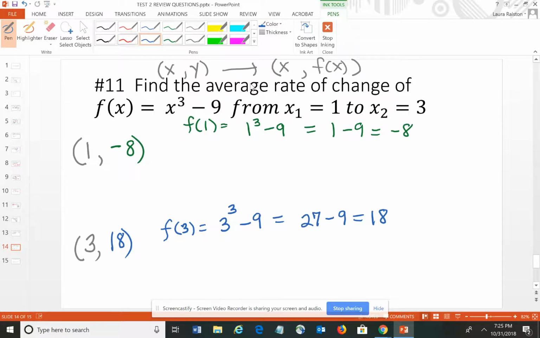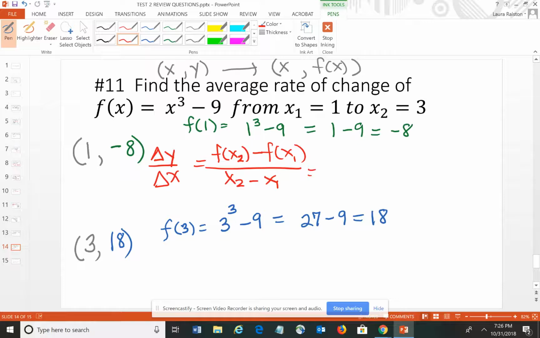And then we use the average rate of change formula, which again looks like your slope formula. It's just a little bit of a different notation. F of x sub 2 minus f of x sub 1 divided by x sub 2 minus x sub 1. And again, we take the values that we just calculated and plug into that.